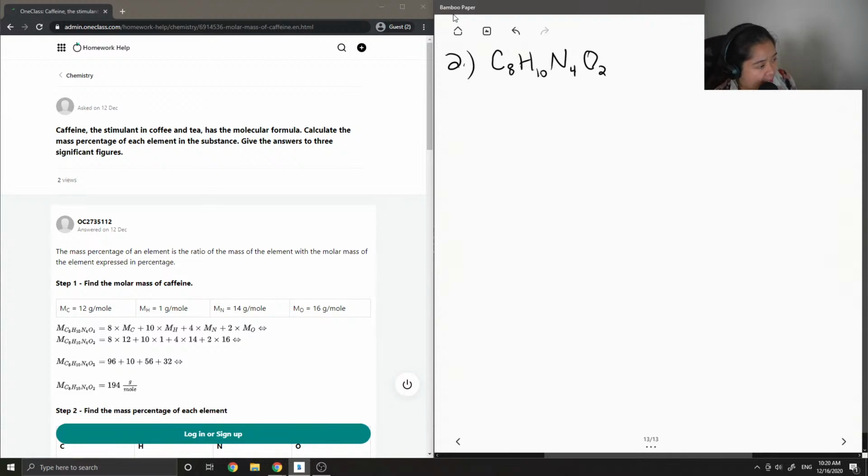Calculate the mass percentage of each element in the substance. Give the answers to 3 significant figures. So first, to answer this question, we will assume 1 mole of caffeine.